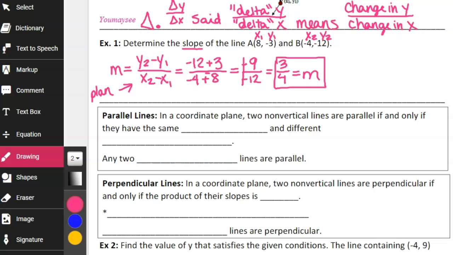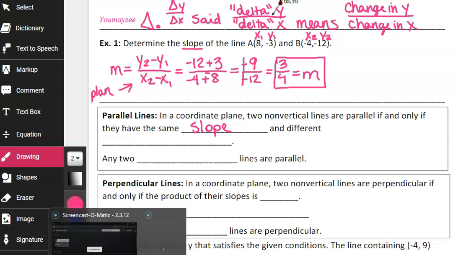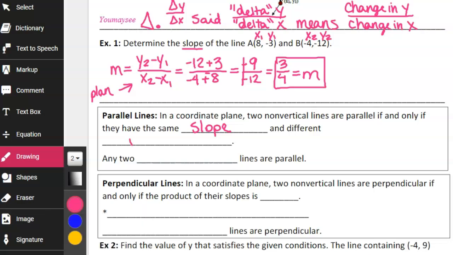So we've talked about parallel lines. In a coordinate plane, 2 non-vertical lines are parallel if and only if they have the same slope, but they have to have different what? They have to have different y-intercepts.